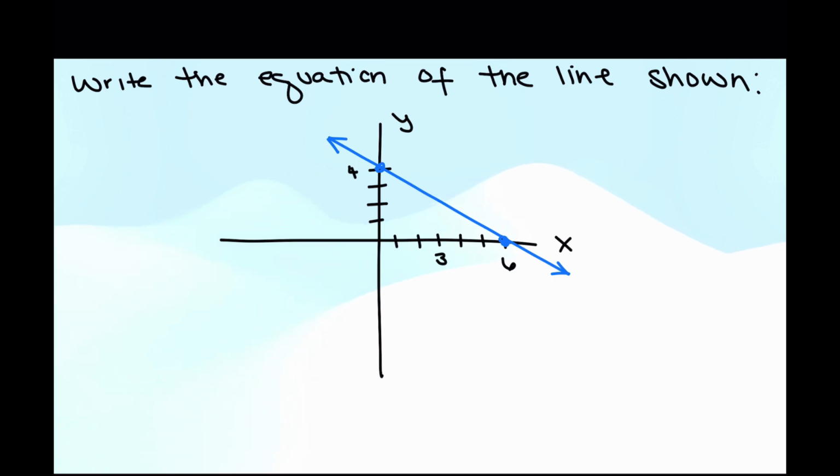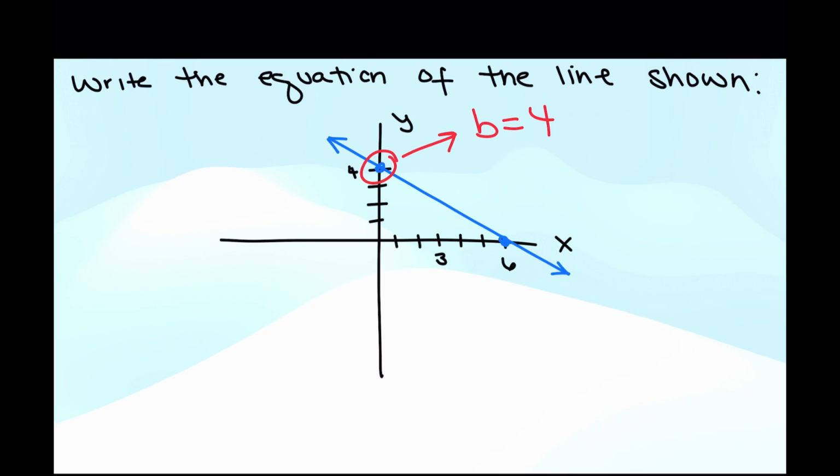Finally, let's see if we can write the equation of a line if we're just given its graph. We can run through the same kind of thought process. This time we're going to have to work with the picture instead of numbers. I'll be able to put this equation in slope-intercept form if I can find both the slope and the y-intercept. And looking at the picture that's given, I immediately can tell that the y-intercept is at 4. This graph crosses the y-axis at 4. So that's the b.